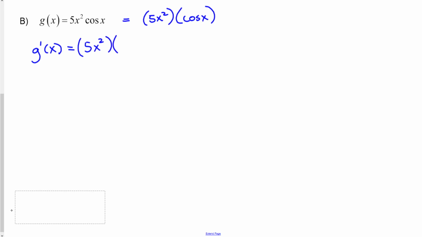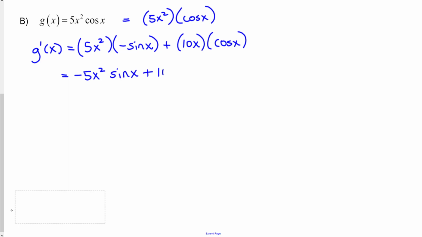So the derivative of cosine is negative sine x, plus the derivative of the first, which would be 10x, times the second. Then simplify as you can, combine coefficients and that sort of thing. There's generally not a lot requested here. Negative 5x squared sine x plus 10x cosine x. And there's a final answer.